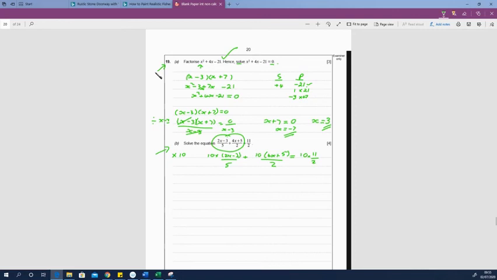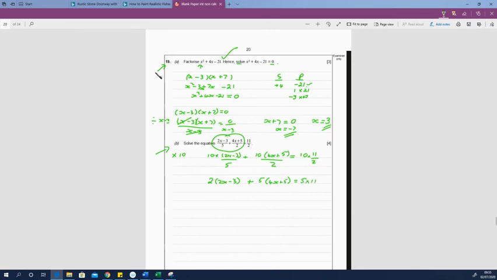So I'm going to cancel these down now. So that cancels down to twice times 2x minus 3 plus 2 into 10 goes 5 times 4x plus 5. And then 2 into 10 goes 5 times 11.